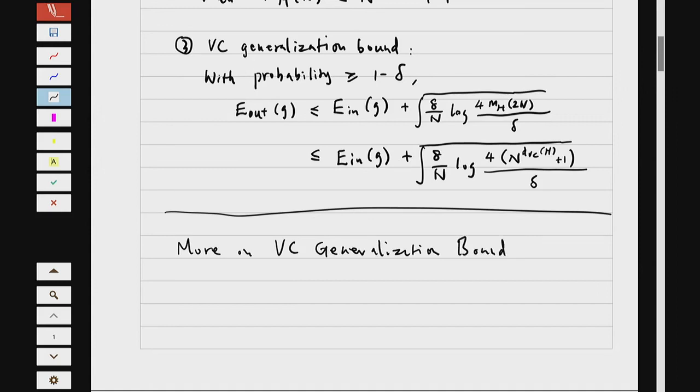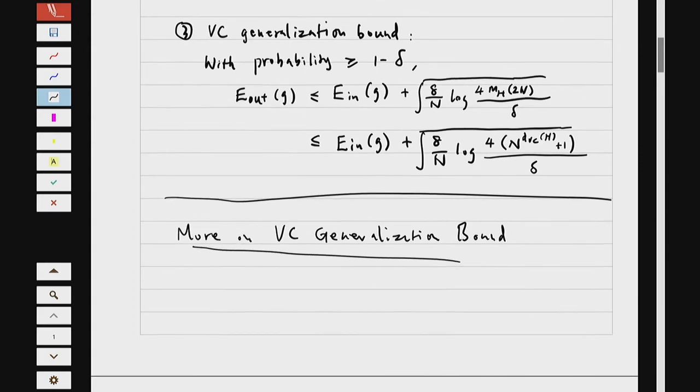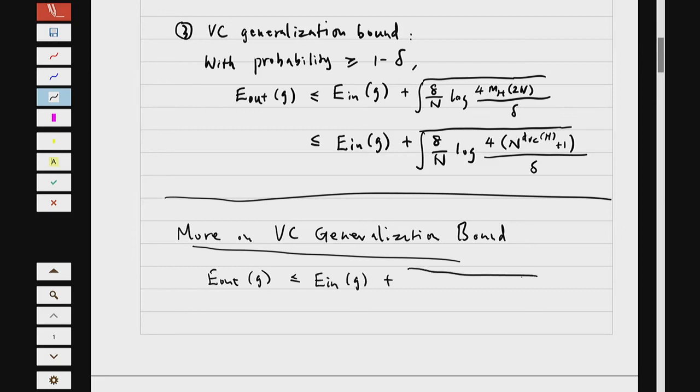This is the VC generalization bound, just what we have above. So if I just copy this, well, I'll just write it. And d_VC(H) plus 1, divided by delta. That's what we have.